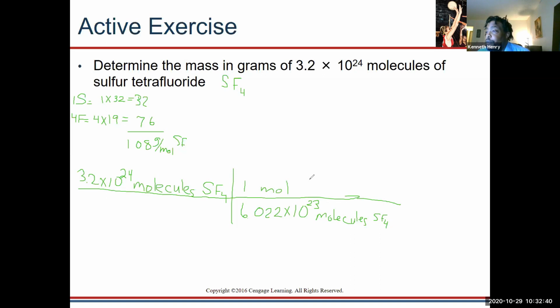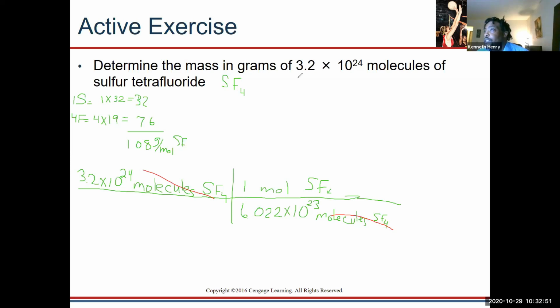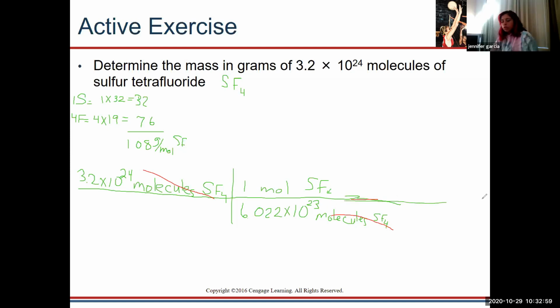So that gives me moles now, right? We got rid of our molecules and we're left with just moles. Is that what I want? No, we want grams. So we've got a little ways more to go.